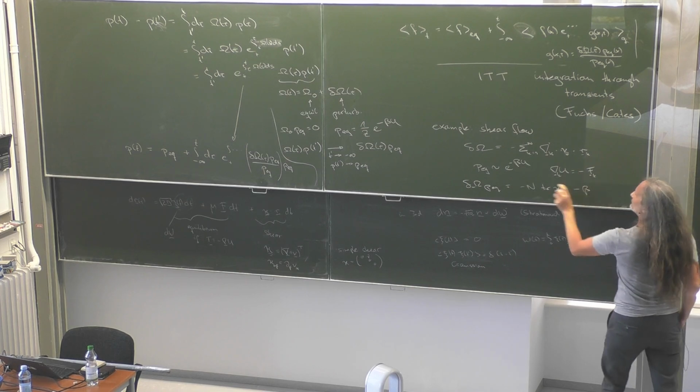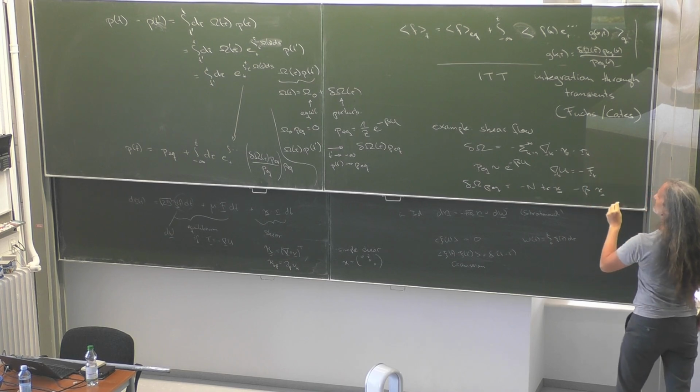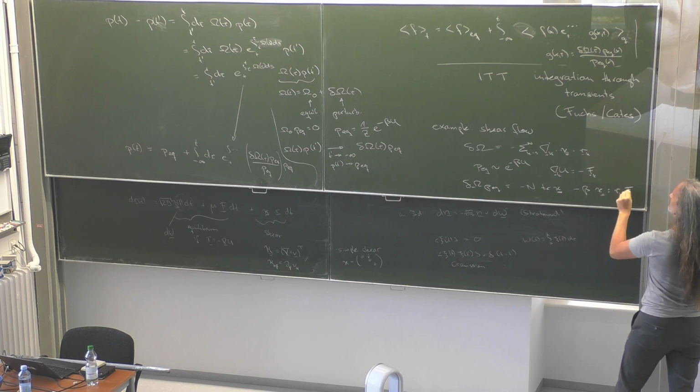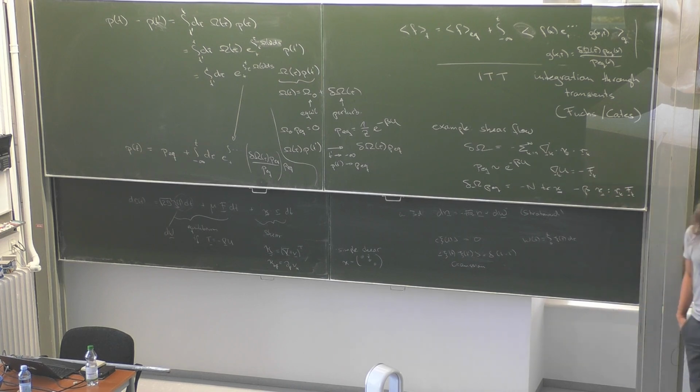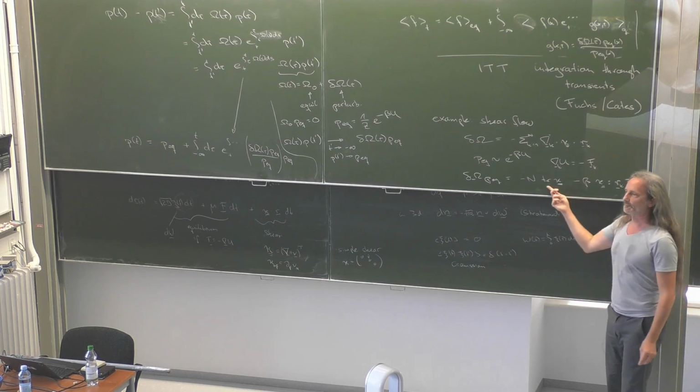But there should be a factor of beta coming down. There should be this thing remaining there, and this should be a double contraction with this and the force. I said I'm not going to worry about this term.